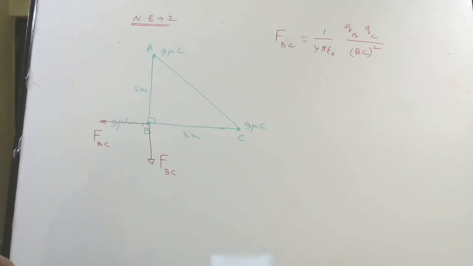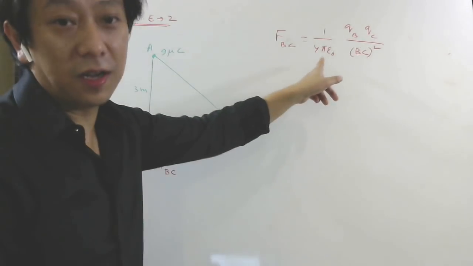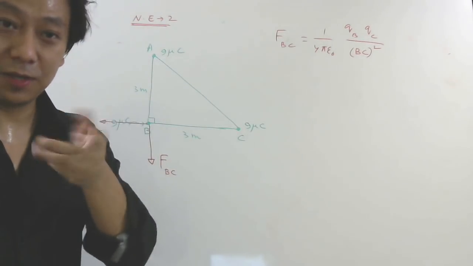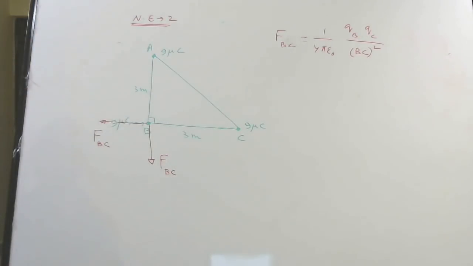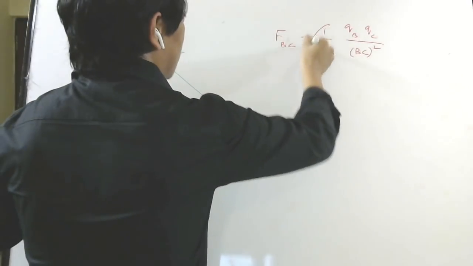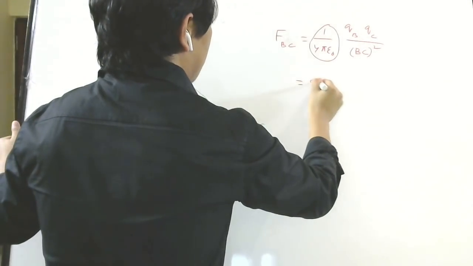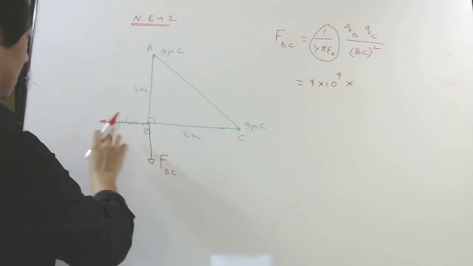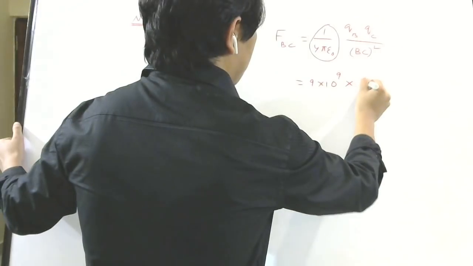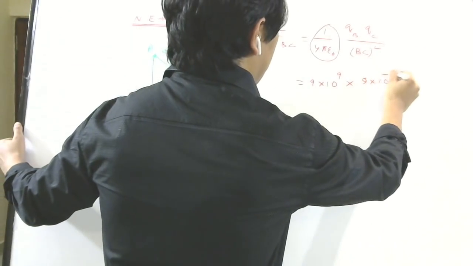So in both numericals, you have to write the formula. Otherwise, sometimes they don't correct also. So better to write the formula. Now, this constant we know already. This is 9 into 10 to the power 9. Charge at B is 9 microcoulomb, so 9 into 10 power minus 6.